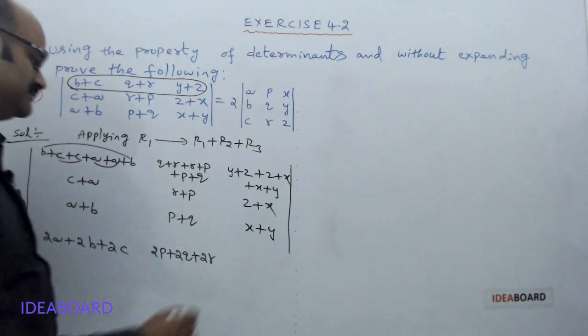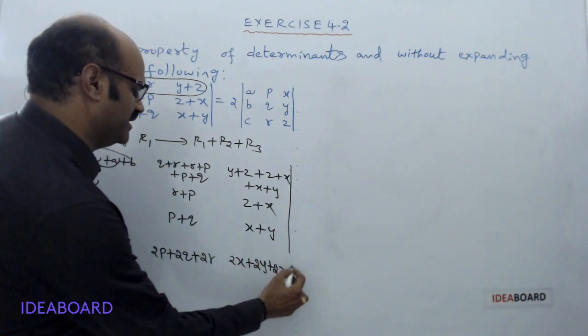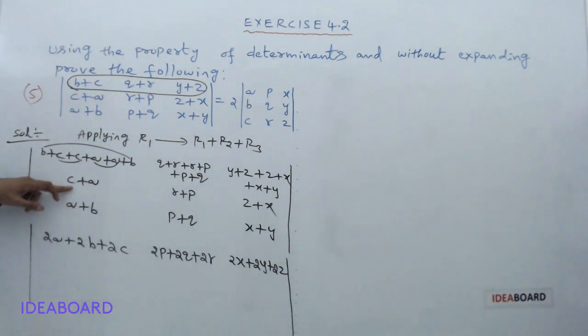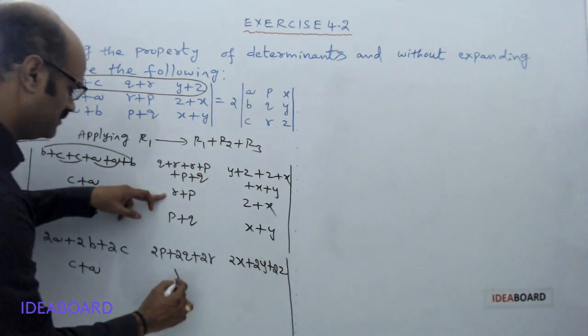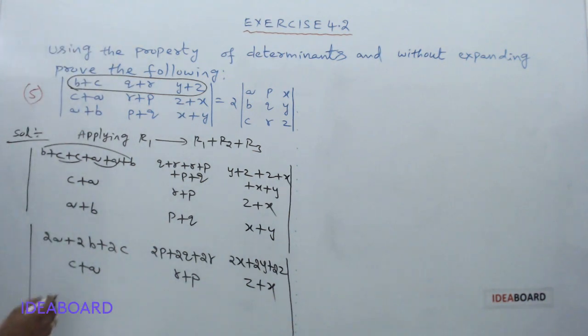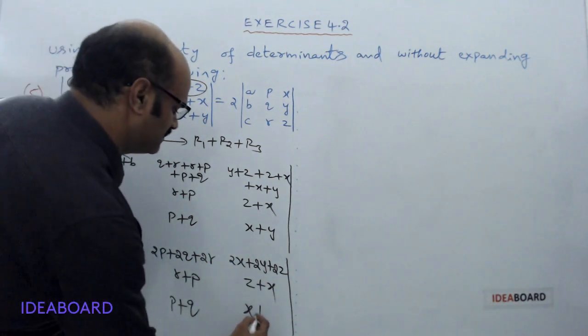Here 2X plus 2Y plus 2Z. Next R2 same, whatever you have here we have to write C plus A, R plus P, Z plus X, A plus B, P plus Q, X plus Y.